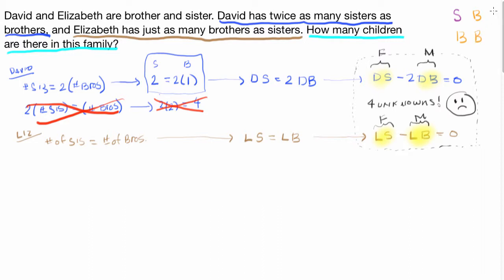In this example, you're going to notice that if you ask the sister how many brothers and sisters she has, she's going to say she has 3 and 0. You ask the brother how many brothers and sisters he's got, and he's going to say 2 and 1. That should tell you that each of these numbers, based on who was asking, all four of them are going to be different.